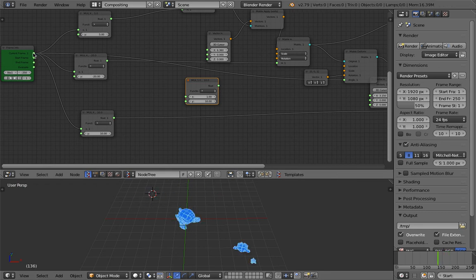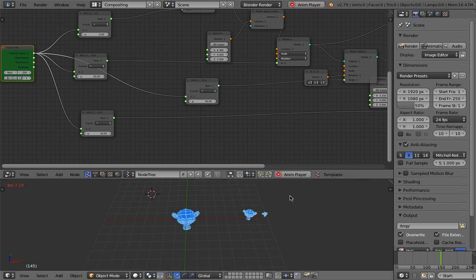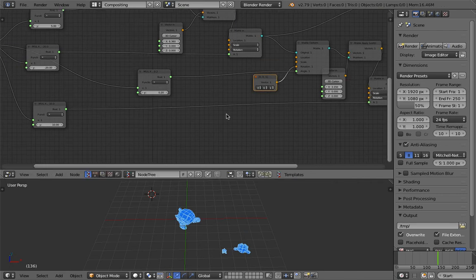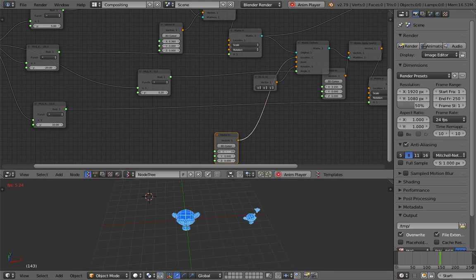Currently not very interesting yet. I'm checking whether this deform is actually working.